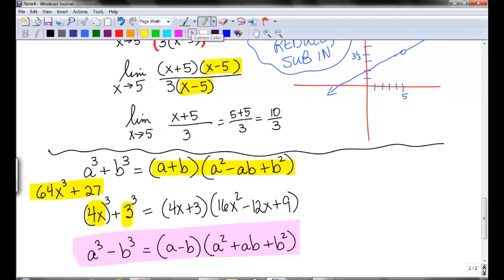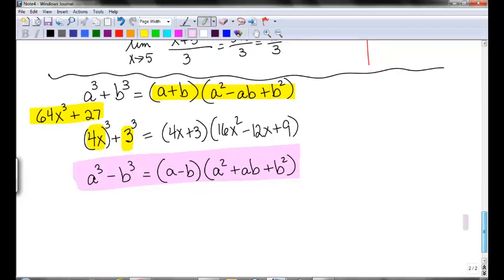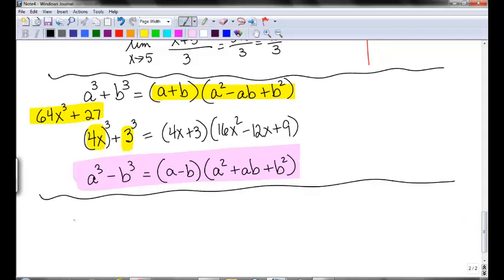Okay, so the author is going to give you problems that involve cubes. Okay, like this. Say they ask you to find the limit of x cubed minus 1 over x minus 1 as x approaches 1.